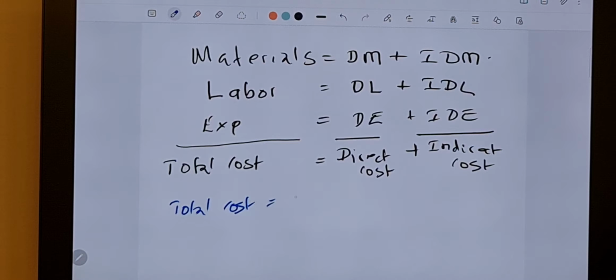Total cost is equal to direct cost plus indirect cost.